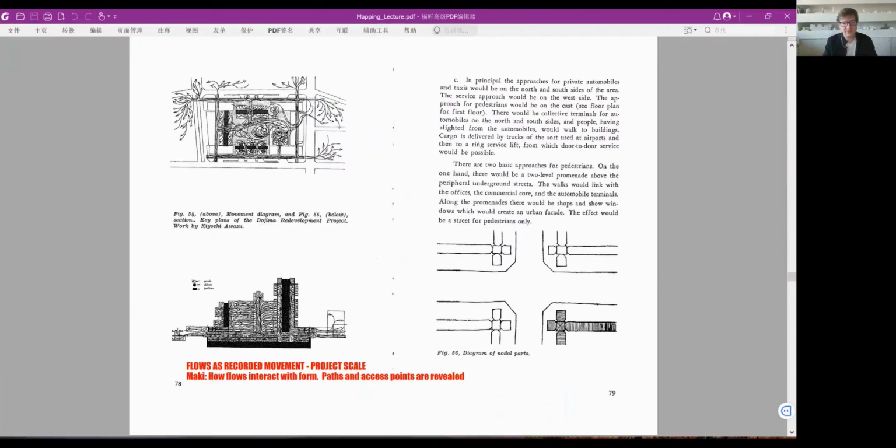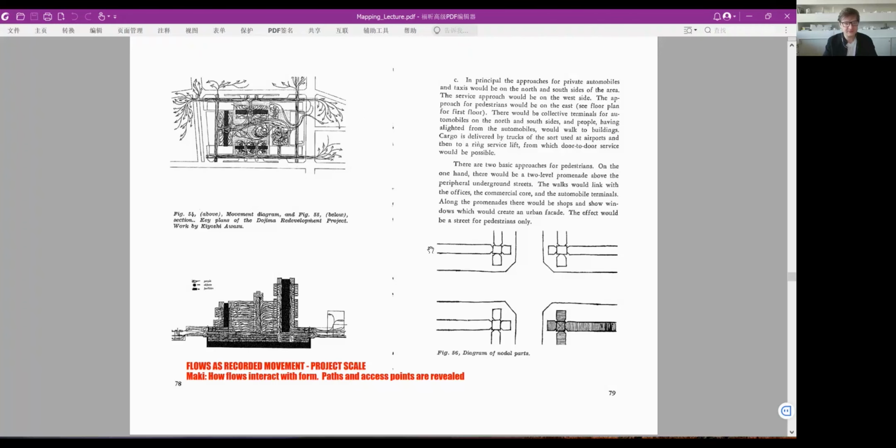And now we come to an interesting part where you can see from these drawings where we do not only analyze the flow in the urban design, the open space, but we also analyze the flow within buildings, flows as recorded movement on the project scale, how flows interact with the form, path and access points are revealed.